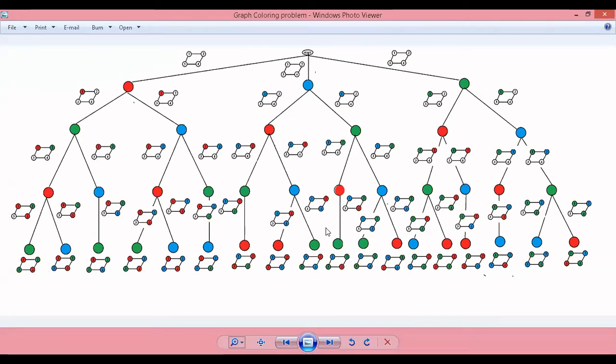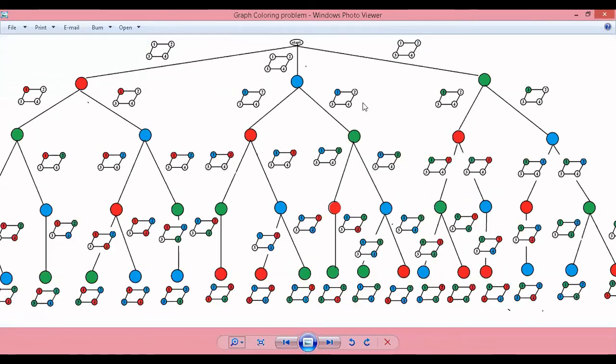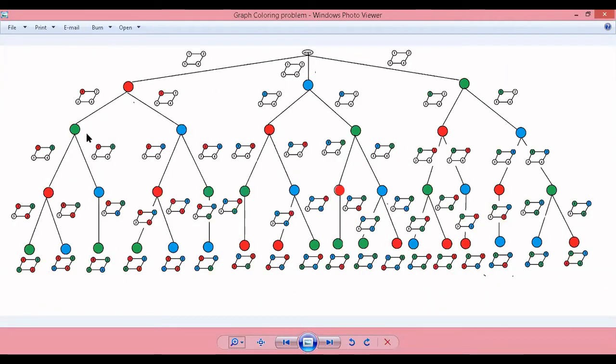Now, one more new thing: the time complexity of this graph. Now I'll share one more screen. Any doubt, students, in the state space tree?